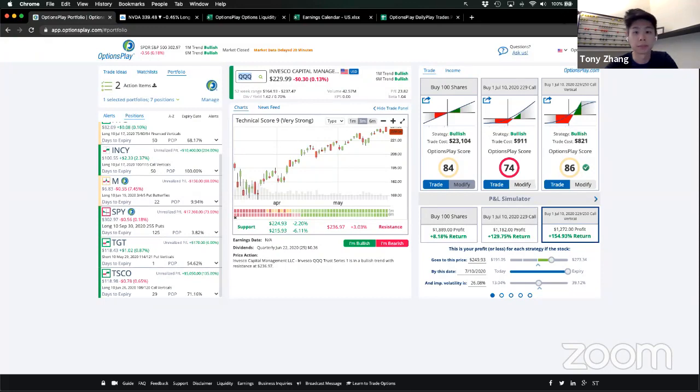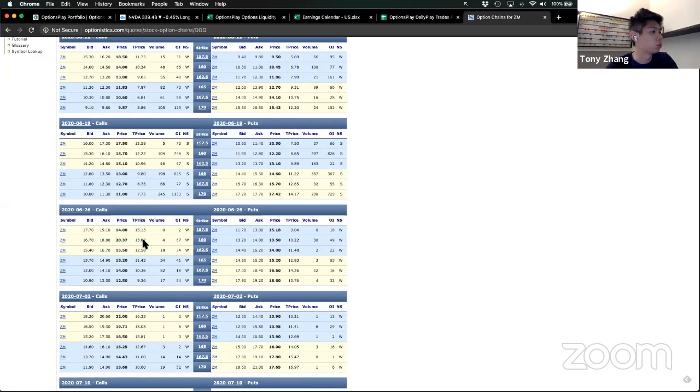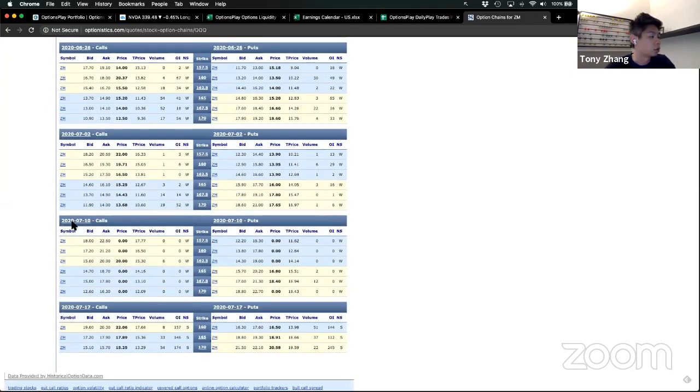Okay, here's an example. So here's Zoom going out to, let's say, the July 10th or the July 2nd or even the June 26th weekly options. And what you'll see, the open interest here is relatively low. 0 here for the July 10th, just a few contracts here for July 2nd, a little bit more for June 26th.